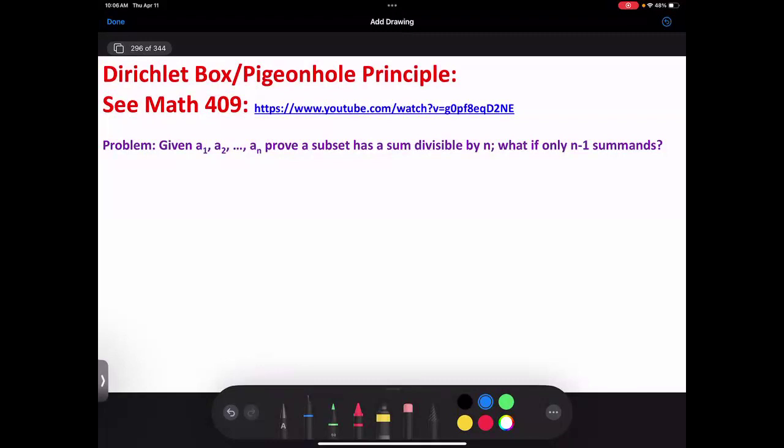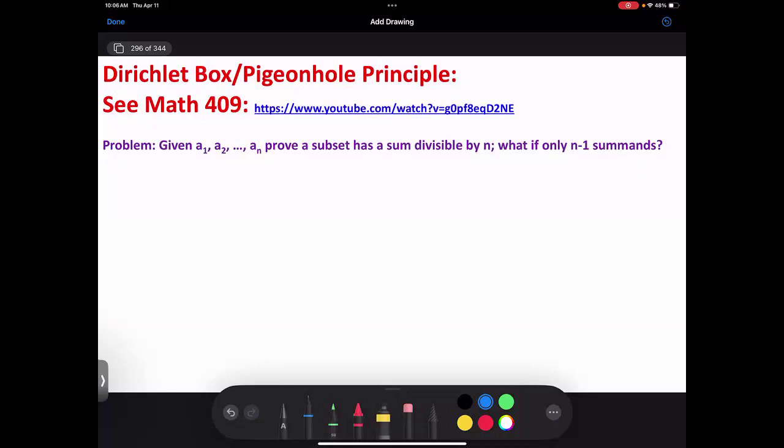So without loss of generality, if I want to find a sum that's divisible by 12, where can I assume all the numbers live? 0 to 11. If any of the numbers are 0, then clearly I'm going to have a sum that's divisible by n. Just take whichever one of those numbers is 0. So I can assume that all of my numbers are between 1 and 11.